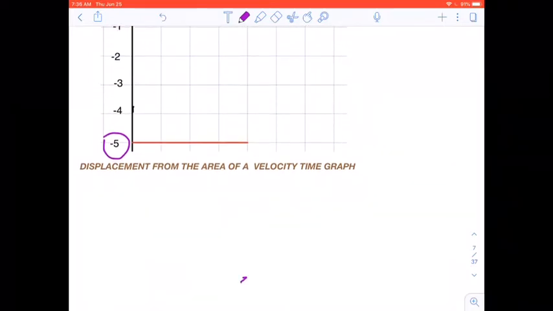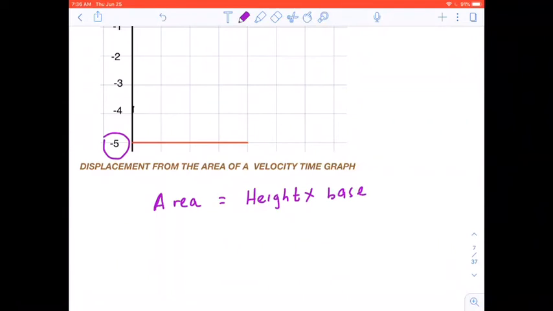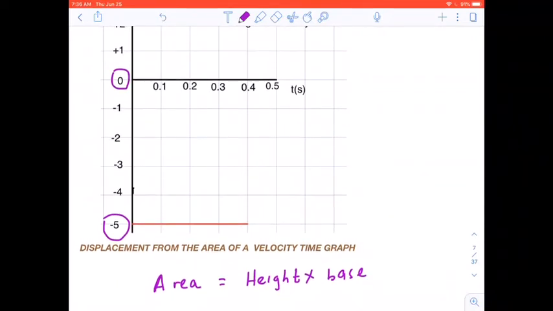The displacement would be area is equal to height times the base, or like we say, length times breadth, but we want to know for 4 seconds, so that is the area under the curve.